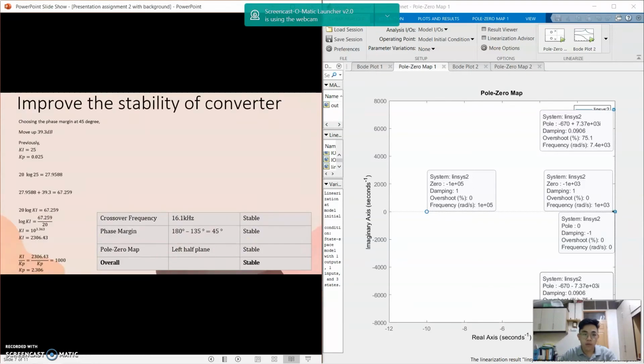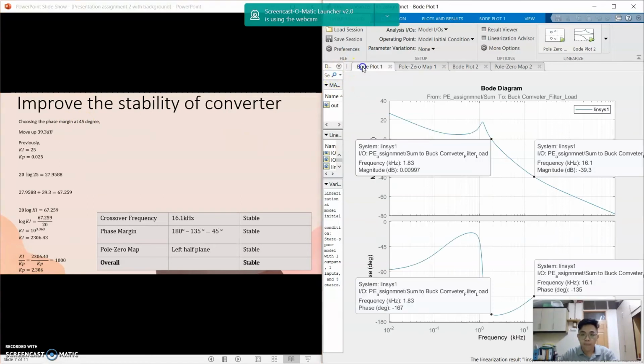So now we need to improve the stability of the converter. We must make sure the phase margin is at 45 degree. So at the Bode plot, we will get 16.1 kilohertz frequency at 45 degree phase margin.